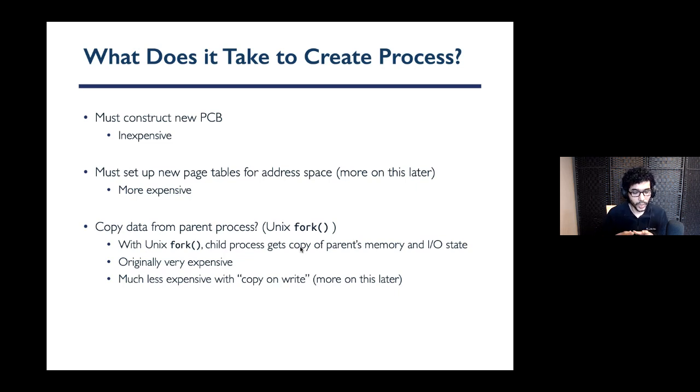So you really don't want to copy when a process is created. The moment the child process writes, that's when you make that copy and create 2 separate copies. And then you also need to copy the IO state.